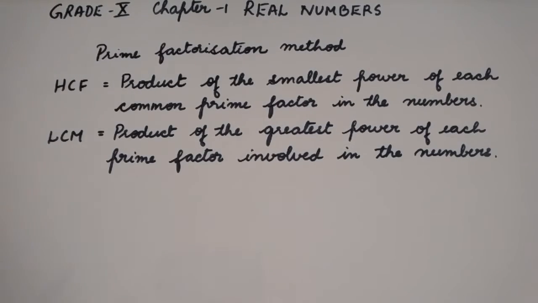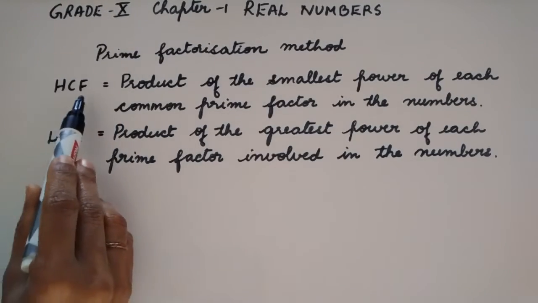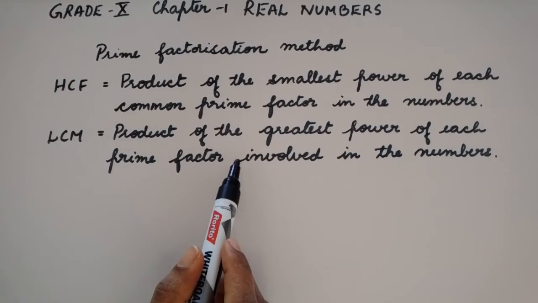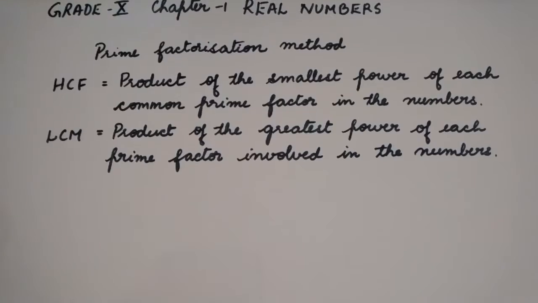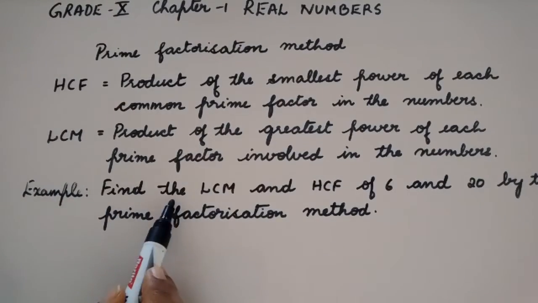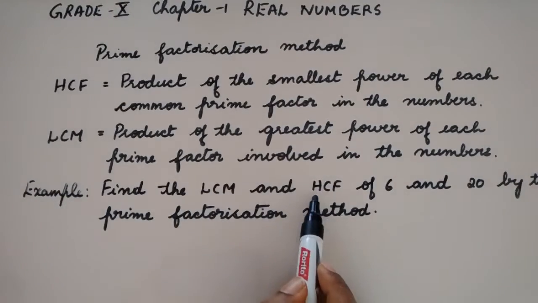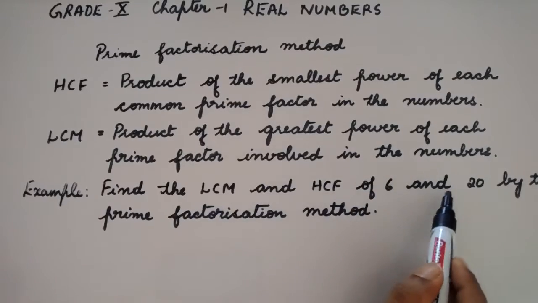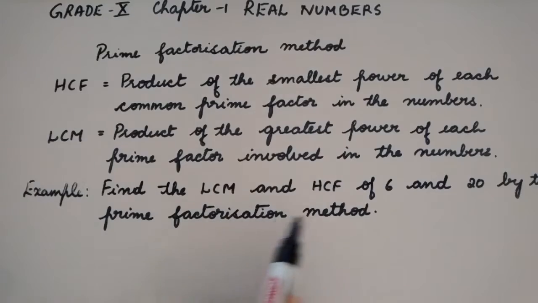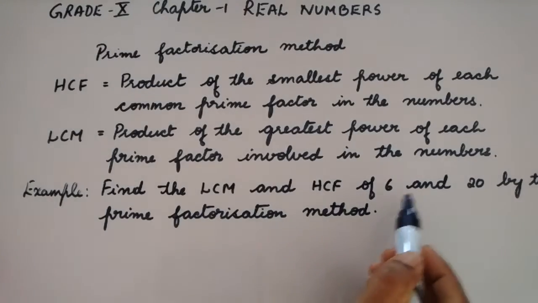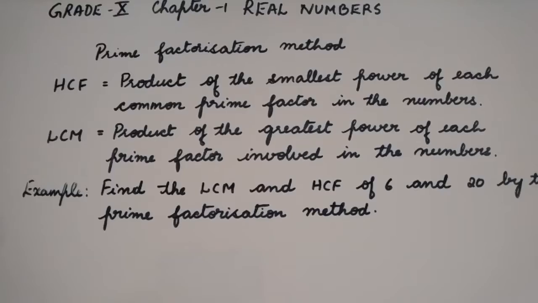Let us understand the meaning of HCF and LCM through an example problem. Find the LCM and HCF of 6 and 20 by the prime factorization method. Let us first find the LCM of 6 and 20.